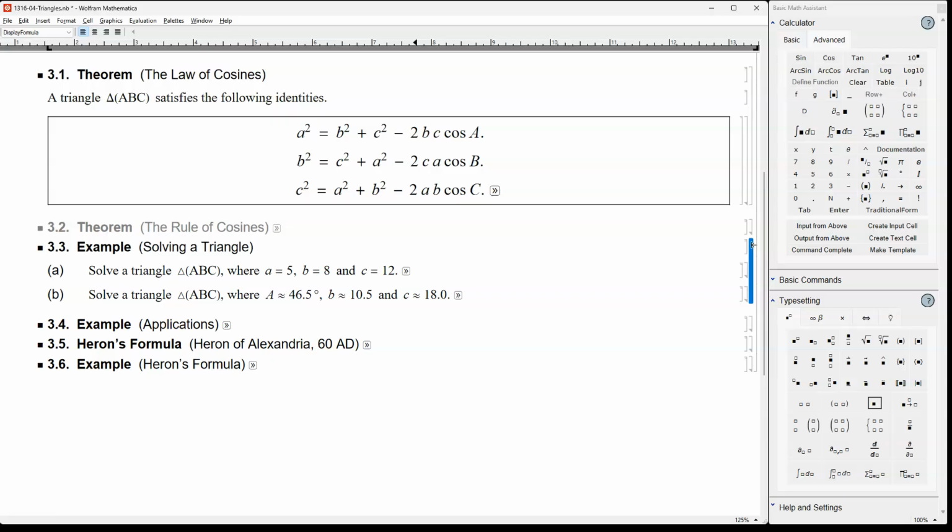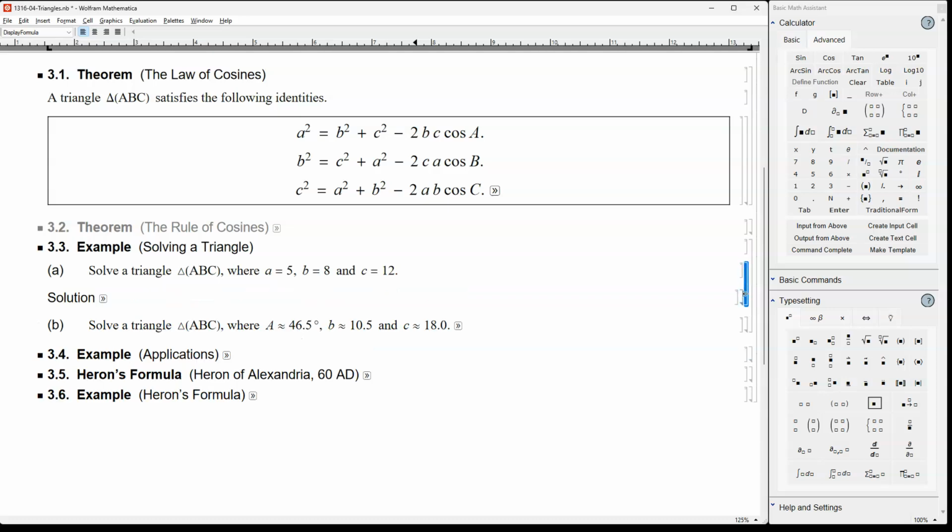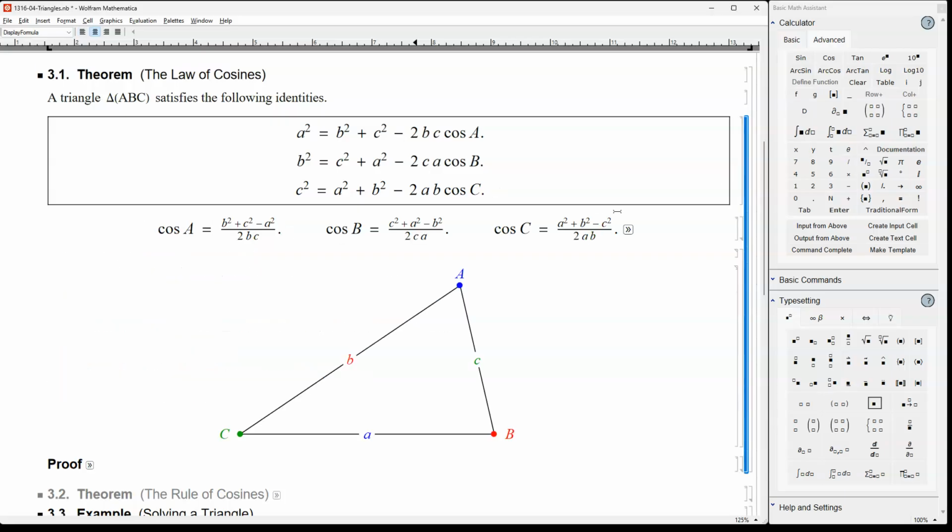SSS, all 3 sides, and then SAS, 2 sides and an angle between, and then ASA, 2 angles and a side in between. The ASA case was discussed already with the law of sines. We consider the other 2 here, and for SSS, one way to handle it is to do this.